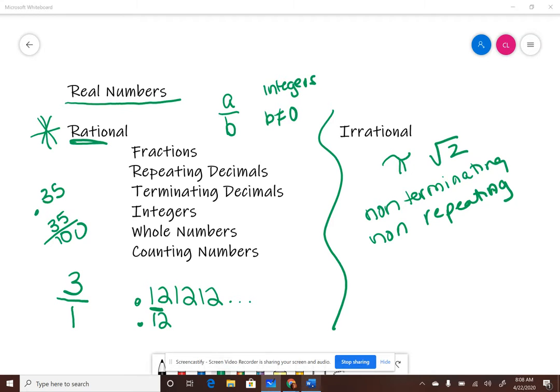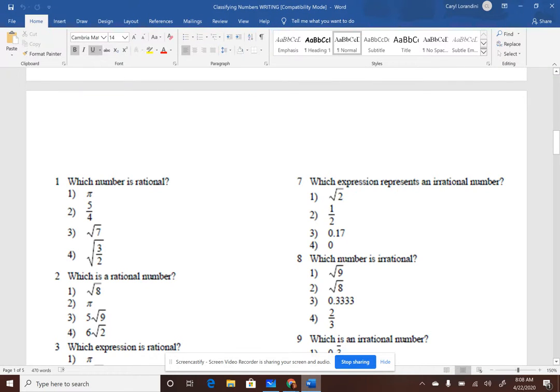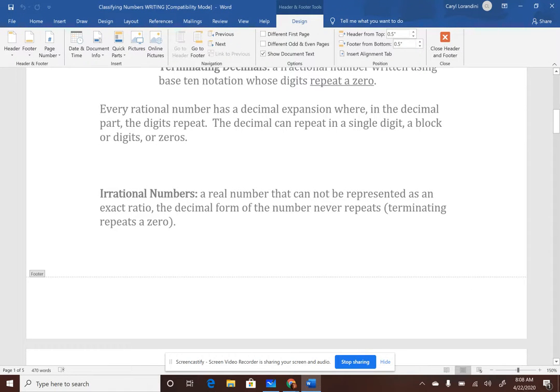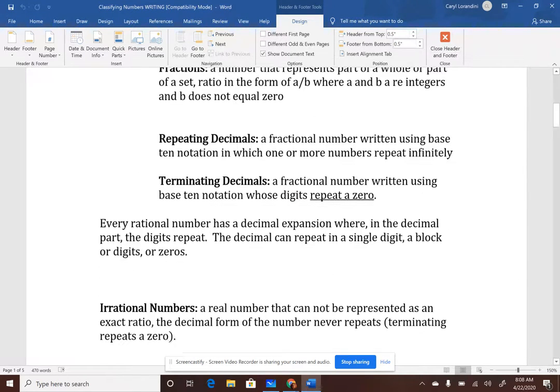Okay, so let's just look at some more formal definitions. So here's the formal definition of irrational: any real number that cannot be represented as an exact ratio. The decimal form of the number never repeats. Terminating repeats with a 0, so we consider that also repeating.